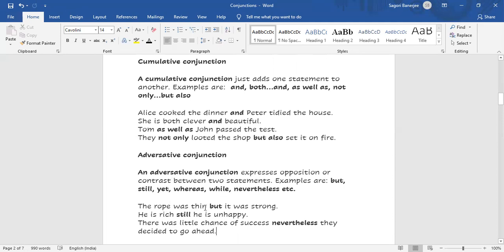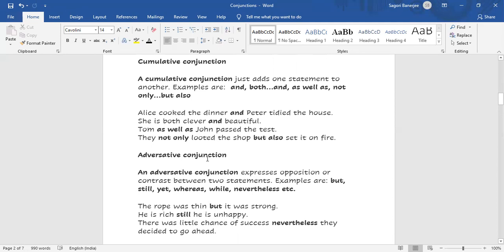The rope was thin, one statement. It was strong. Now you see both the statements are opposing each other. That means opposing or contrasting. The rope was thin, it was strong. Thin it is, but it is strong. So it is opposition or contrast. So that is called adversative.